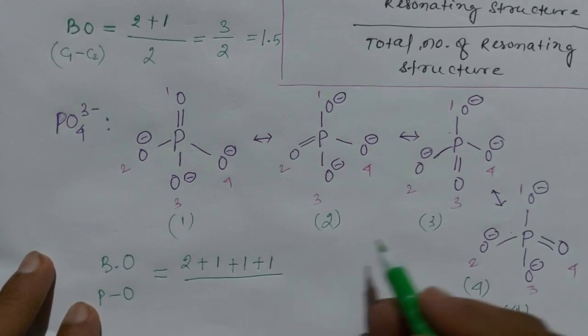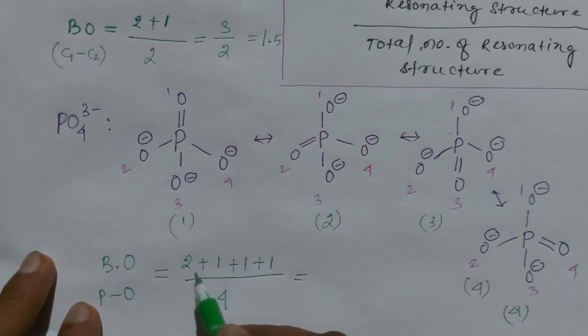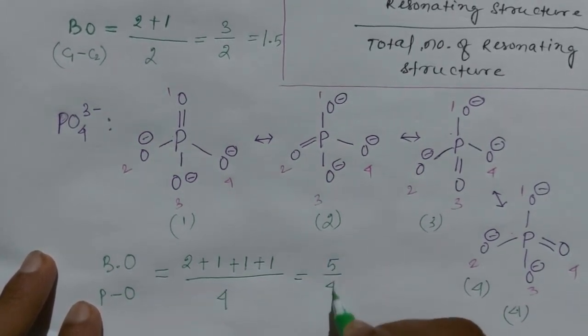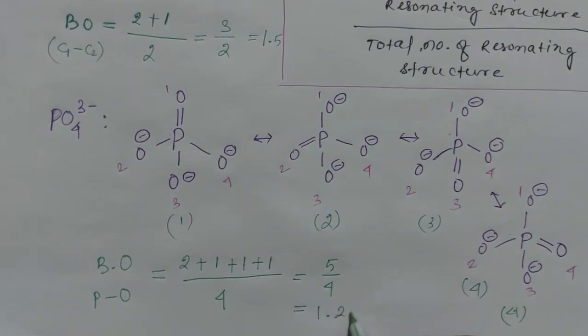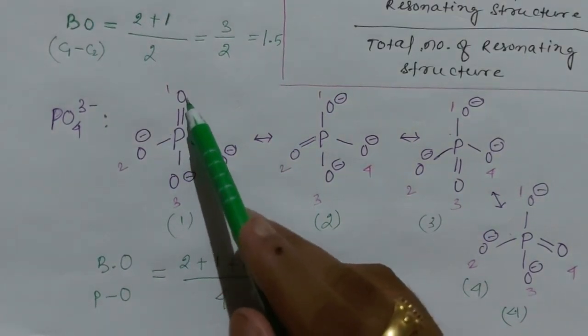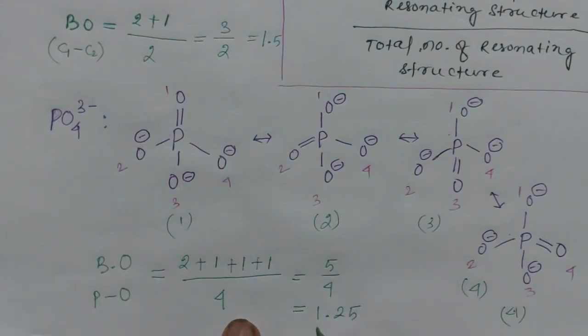Total resonating structures is 4. So divided by 4, that is equal to (2 plus 1 plus 1 plus 1), that is 5 by 4, that is equal to 1.25. So the bond order of phosphorus and oxygen in PO4 3 minus is 1.25.